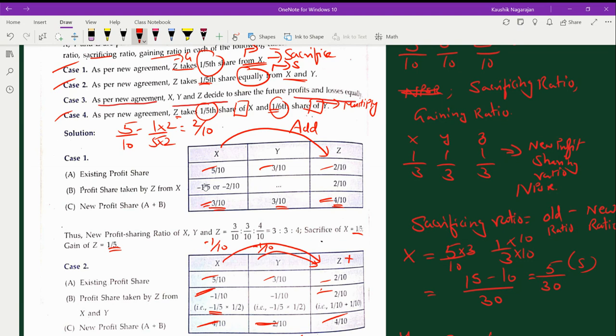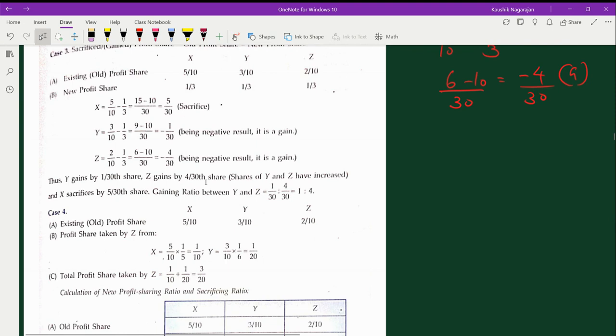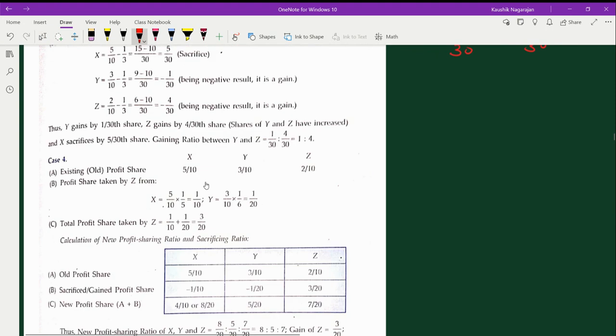So what is X's share actually? It is 5 by 10. So find out what is 1/5 of 5 by 10. The existing old profit sharing ratio between the partners X, Y, and Z are 5 by 10, 3 by 10 and 2 by 10. Now the partner Z is taking 1/5 share, that means the NPSR of partner Z alone is 1 by 5, but this 1/5 share is coming from both the partners X as well as Y, but in what proportion?